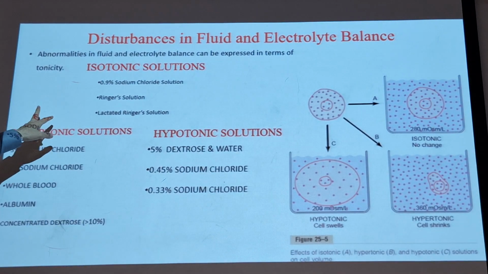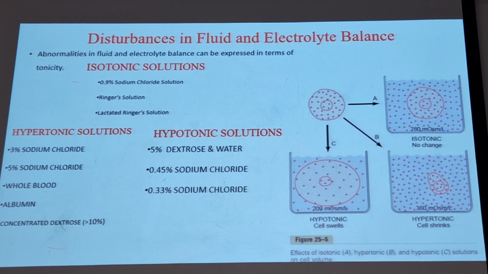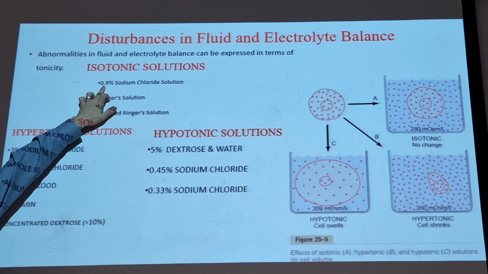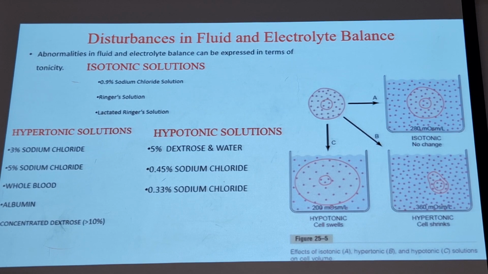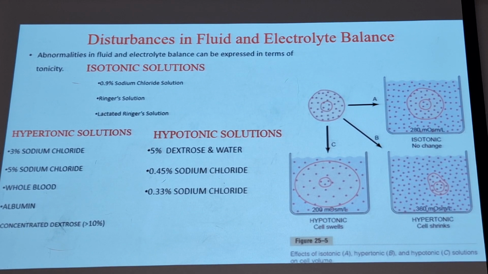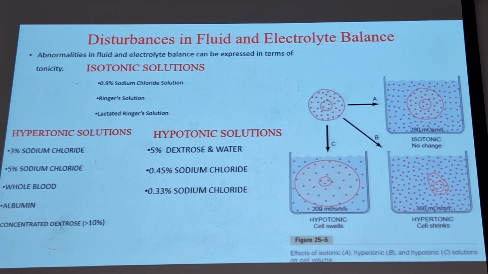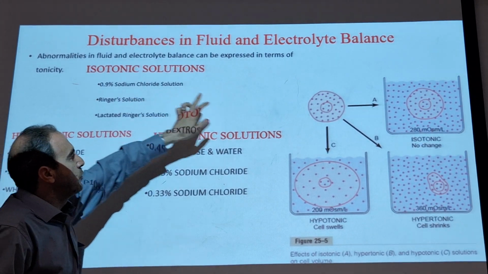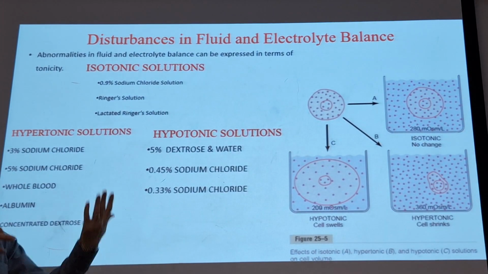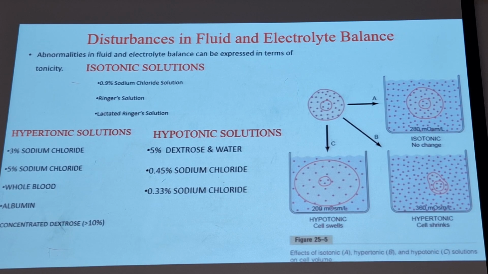So we have some solutions like 0.9% sodium chloride solution, known as normal saline. It's the main solution used daily in the emergency department of hospitals. It is equal to 280 and provides sodium and water for the body. The osmolality is equal to the plasma.